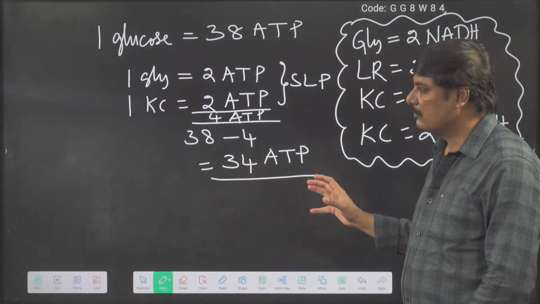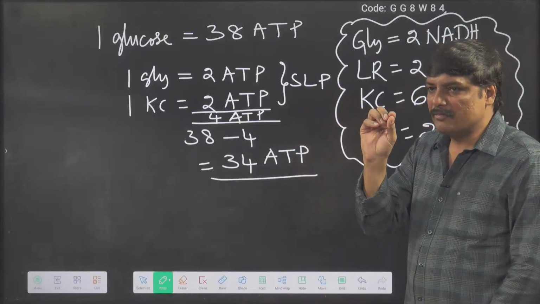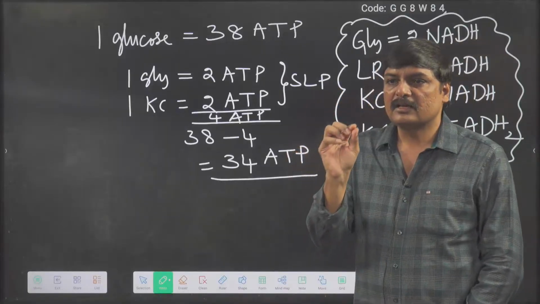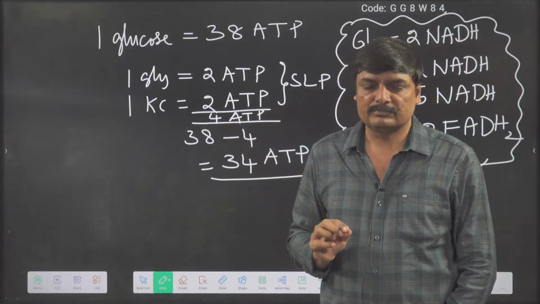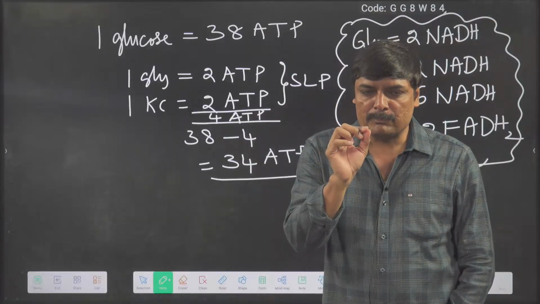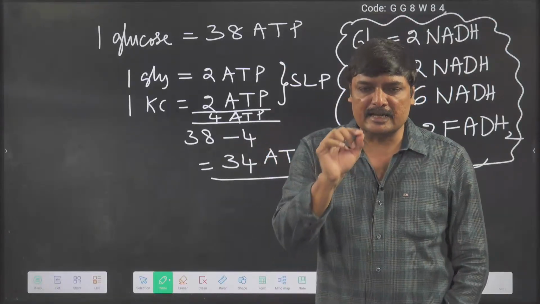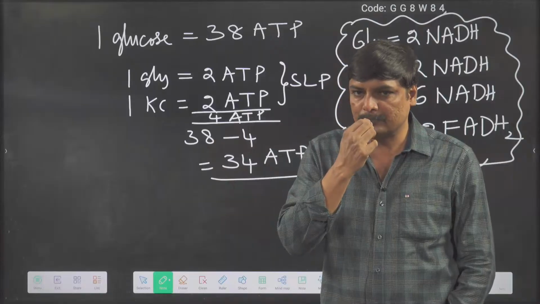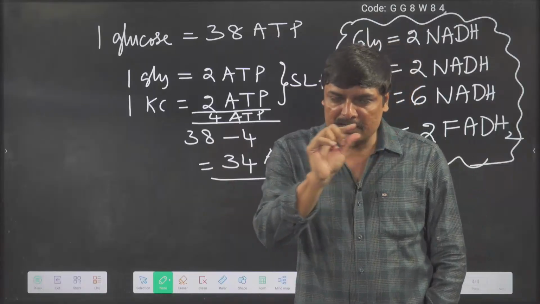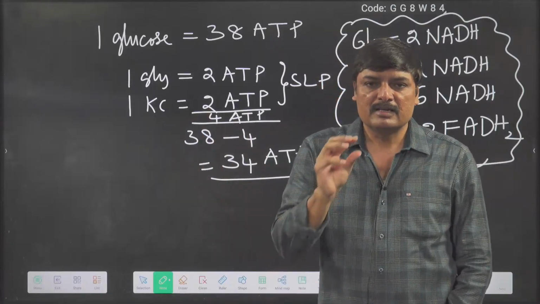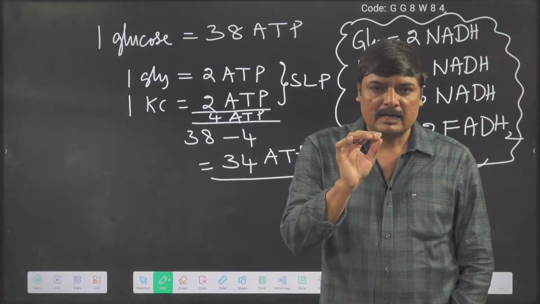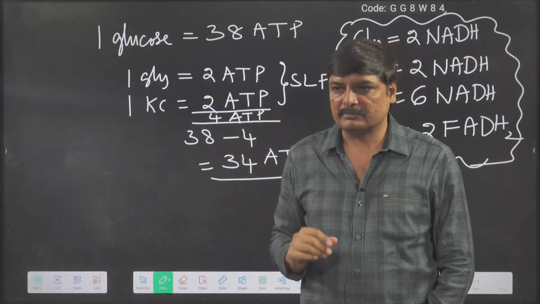Finally, we conclude. What is the meaning of ETS? Electron transport system. What is the site of ETS? Inner membrane of mitochondria. What is there on the inner membrane of mitochondria? Several enzyme complexes are there.